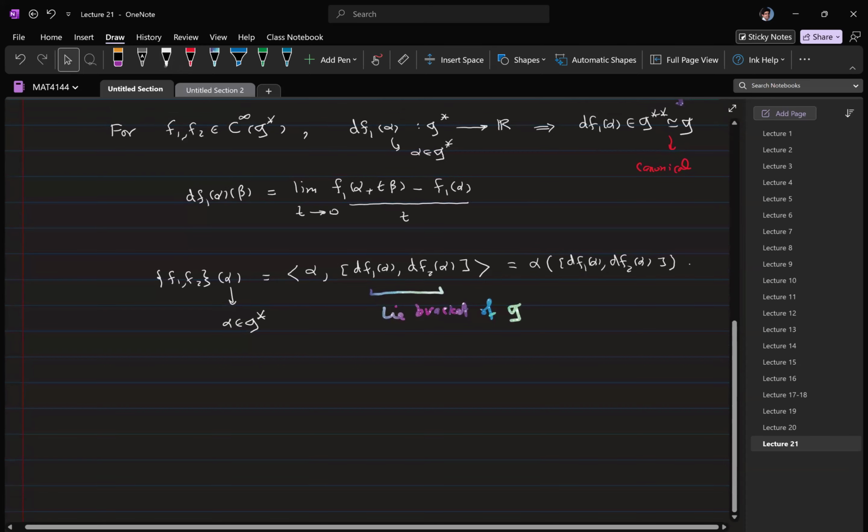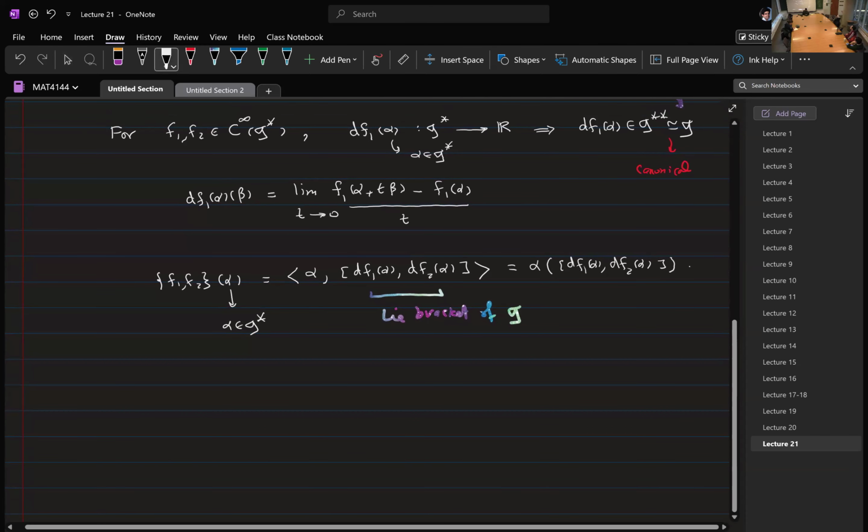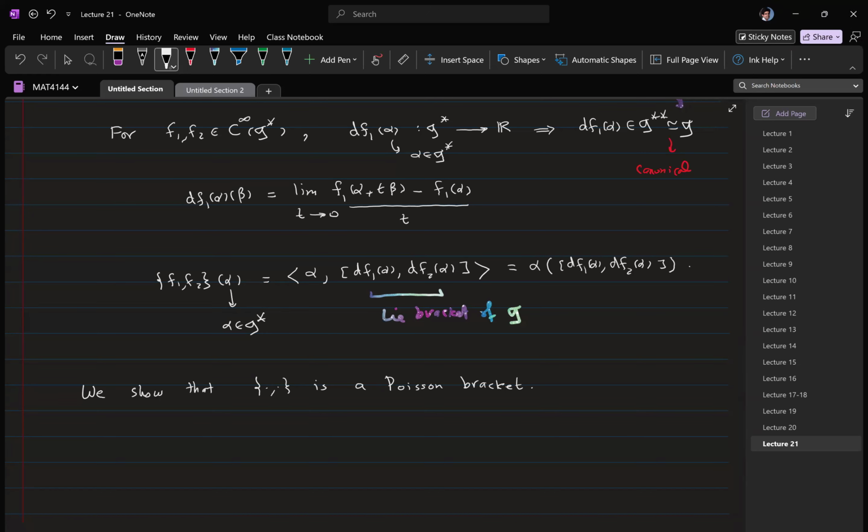All right, so now the claim is that we actually got a Poisson bracket. Okay, so we have to check that we actually got a Poisson bracket. It's a Lie algebra bracket, it's a Lie bracket, and it satisfies the Leibniz condition.